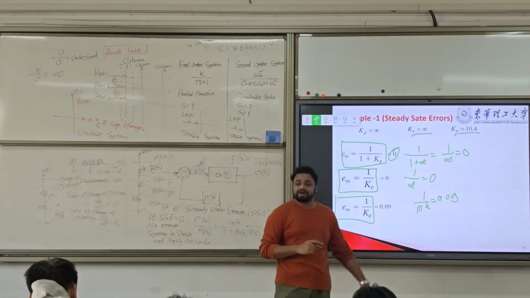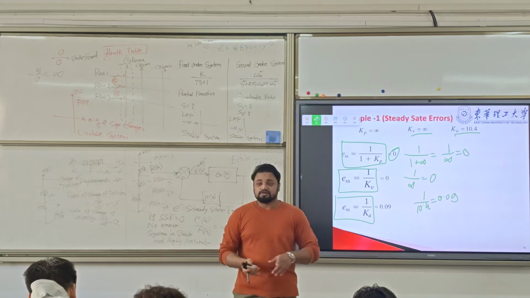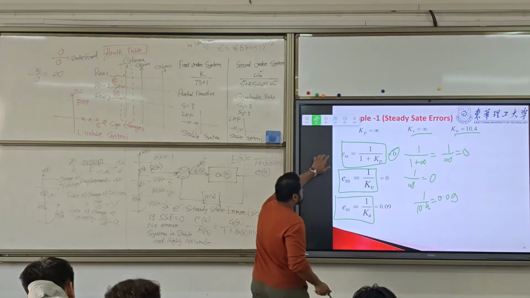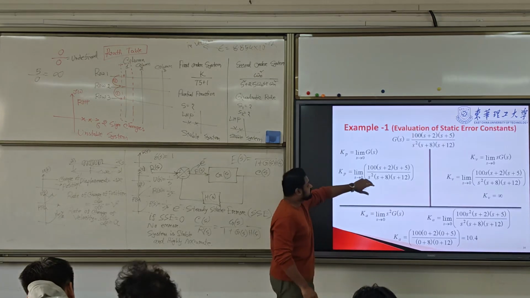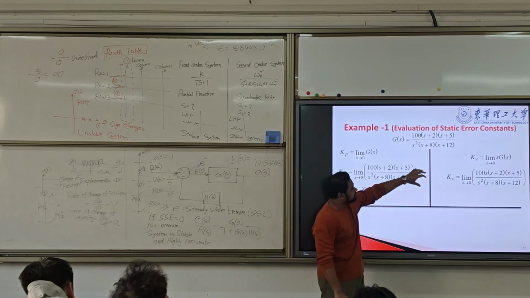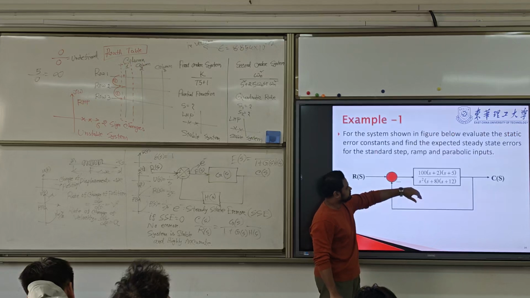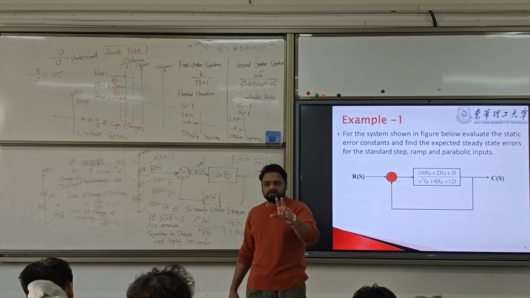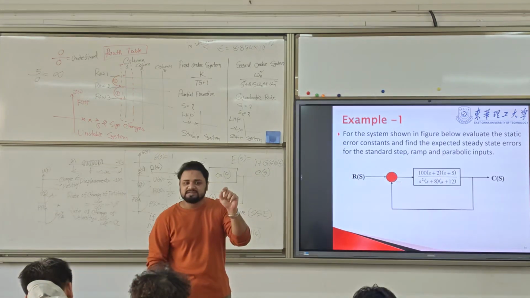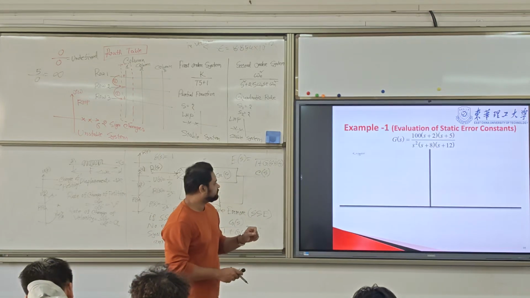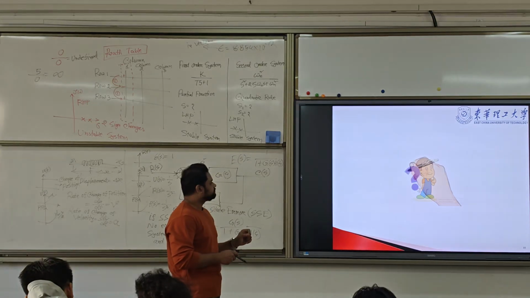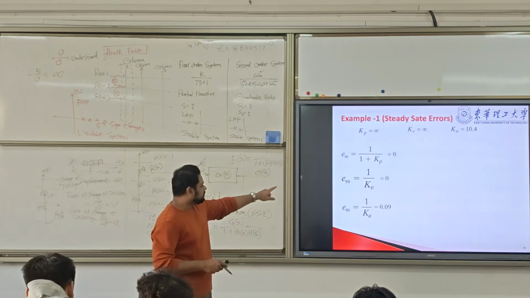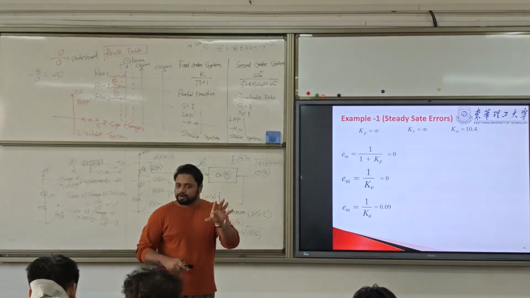So look, what does this information provide? This system shows no error for unit step input. Ramp input, no error.